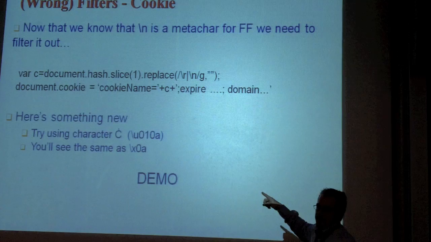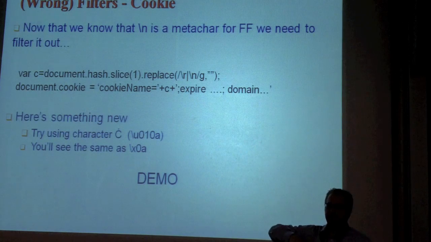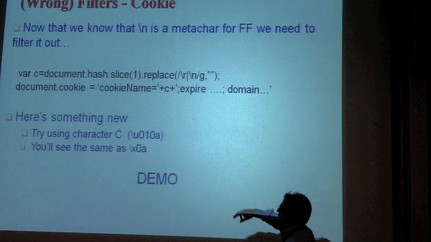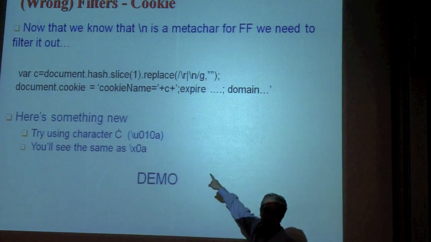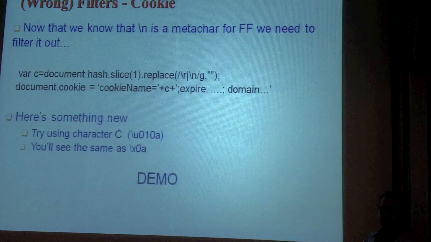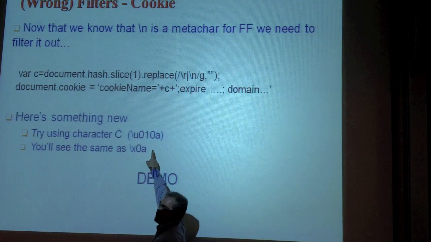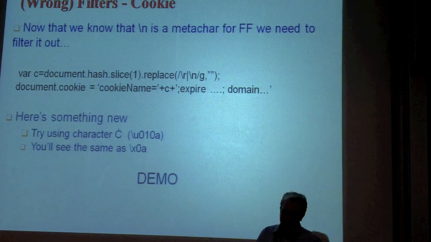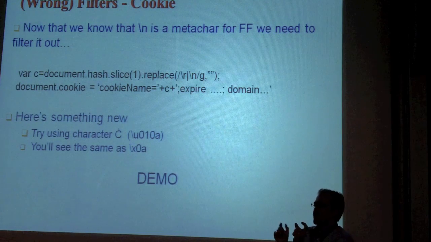That's a new thing that I found three or four days ago. I told you before that a new line in Firefox will generate a new cookie, no? I saw that it's possible to use a special character like that one, with that spot on the top, which has this encoding 010A, and since 0A is a new line, probably Firefox just doesn't see the multi-byte.